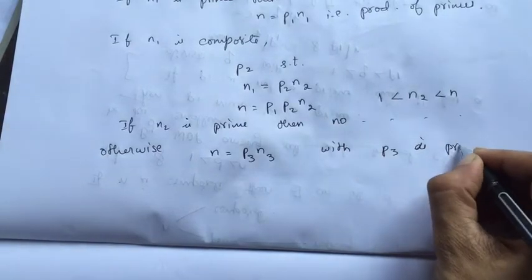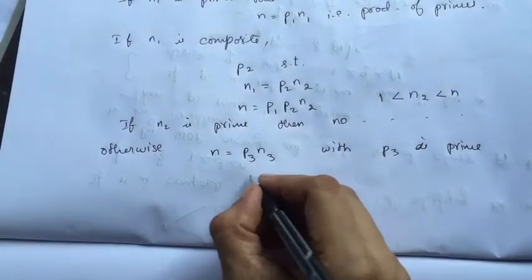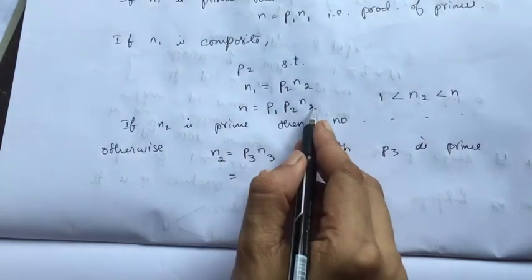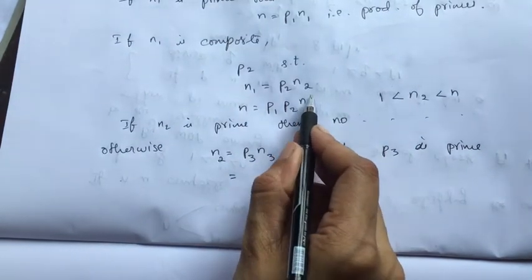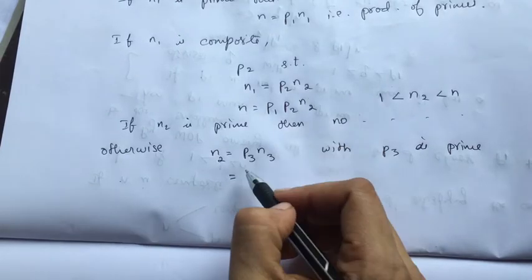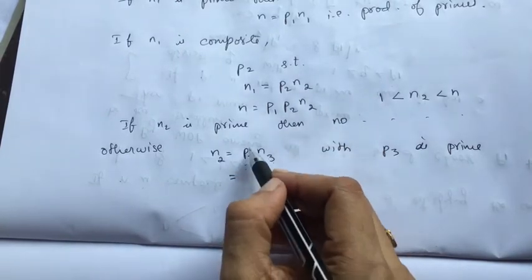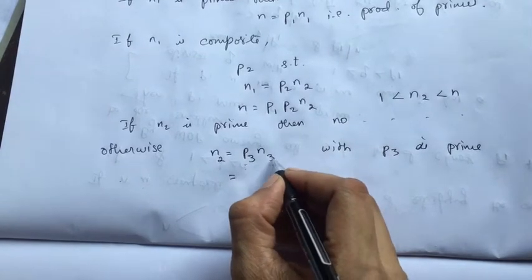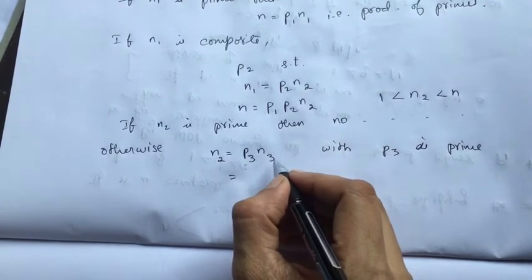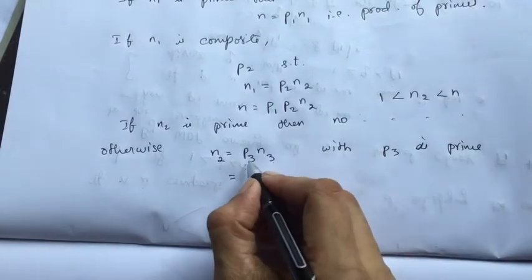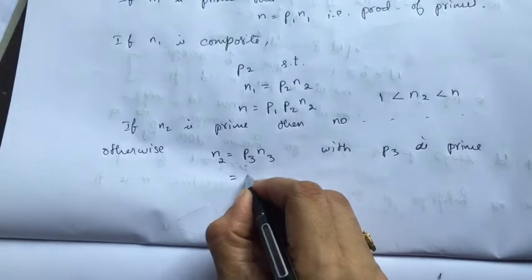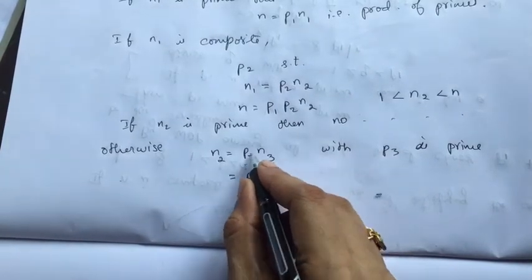Okay, this N2 I am writing it as N2. If N2 is prime, no problem. If N2 is composite, then I am writing it as P3 N3, where P3 is prime. P3 I can write it as P3, I'll keep it as it is.